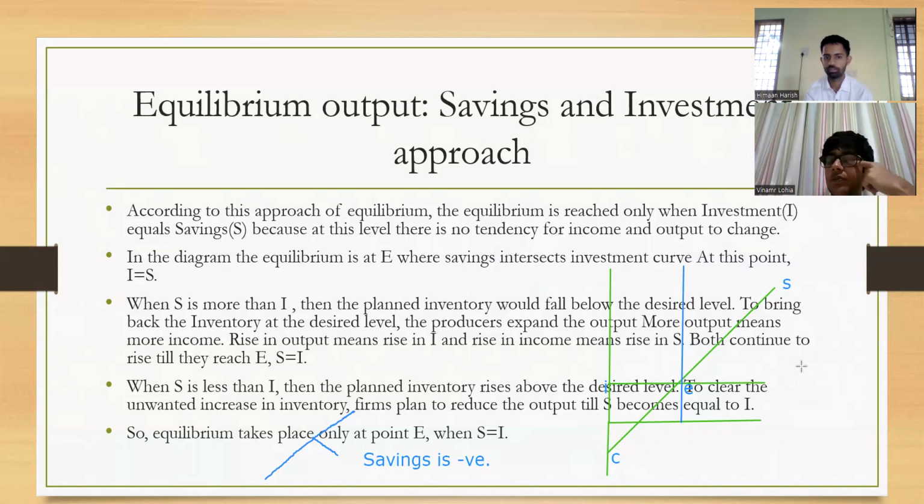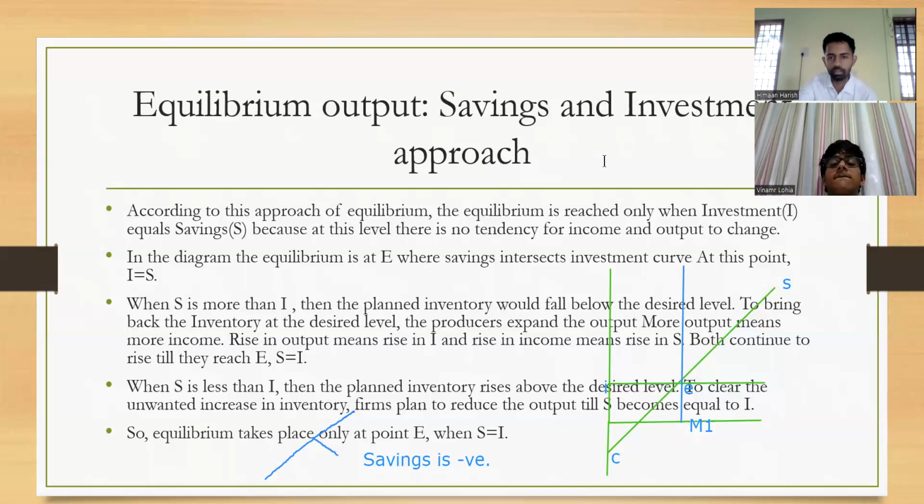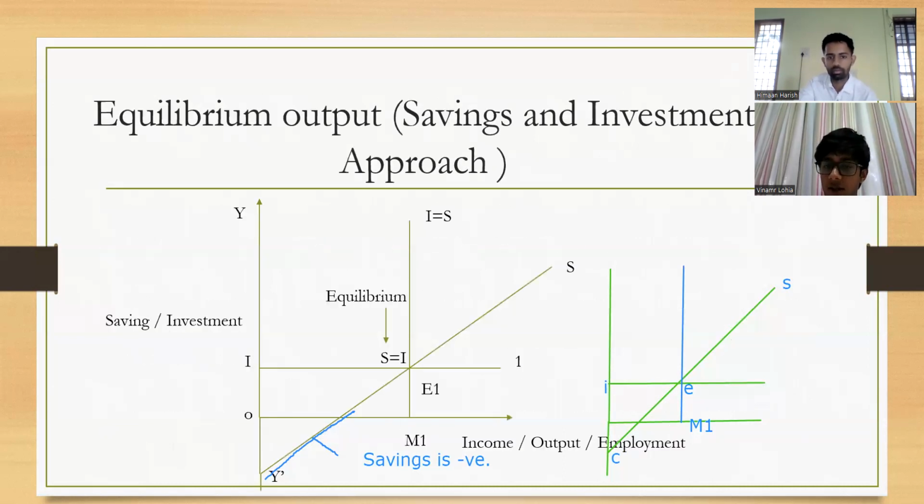And this can be called as M1, right? What does M1 stand for? It can be called the income. Here in the graph, it can be called the output level. But output level is basically consistent all the time. So then the equilibrium point becomes where all three intersect, no? But here they are only calling savings equal to investment.